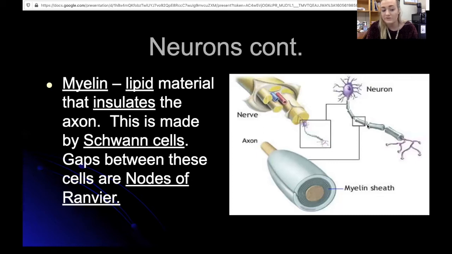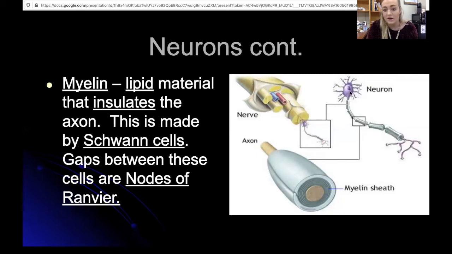We call those gaps the nodes of Ranvier. Don't know why, that's just what we do. Again, these are specialized cells that are in between our myelin sheaths. So that pretty much covers all of the anatomy of an axon.